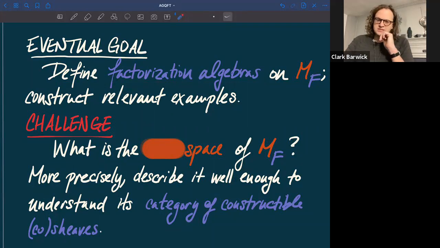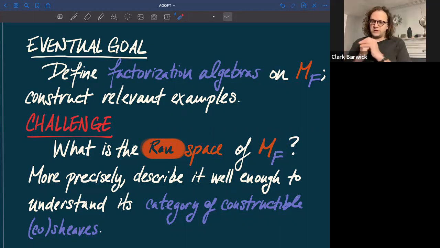That brings up the following challenge: what exactly is the étale homotopy type of this thing? Can we describe the étale homotopy type of MF in a way that's good enough to understand its category of constructible cosheaves, and therefore of its factorizable cosheaves? That would be a natural place to start looking for the observables for various kinds of field theories.